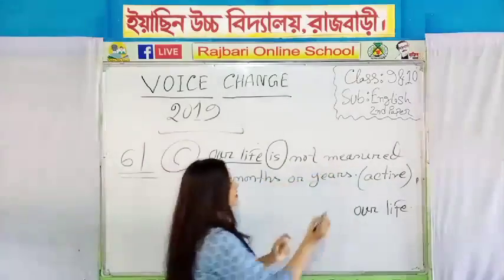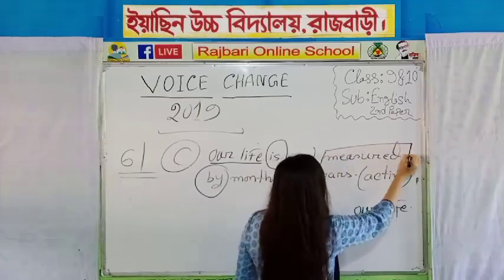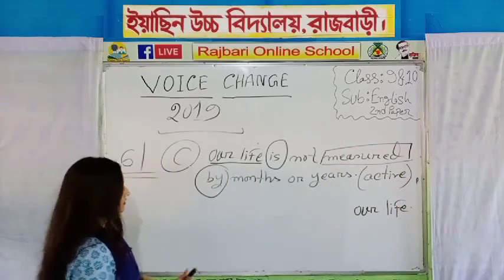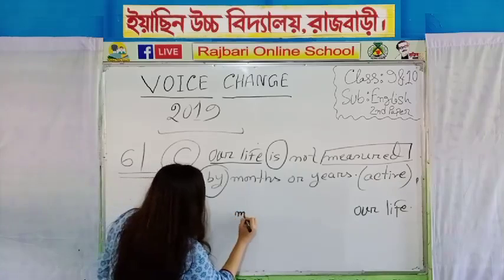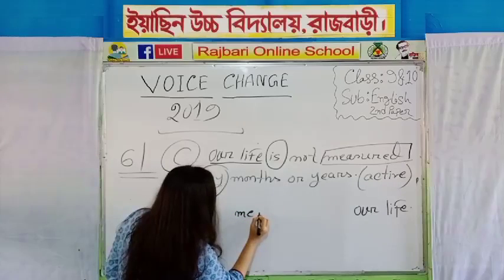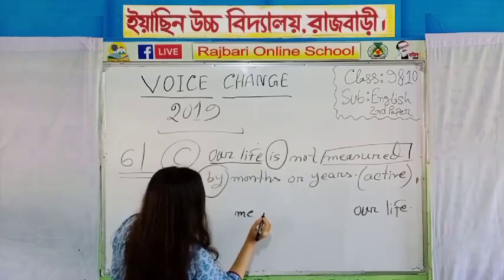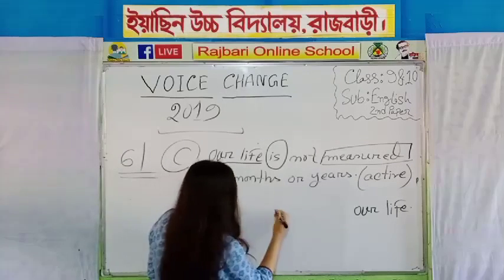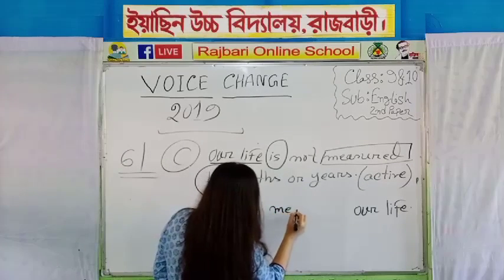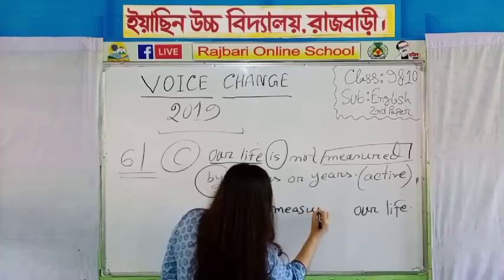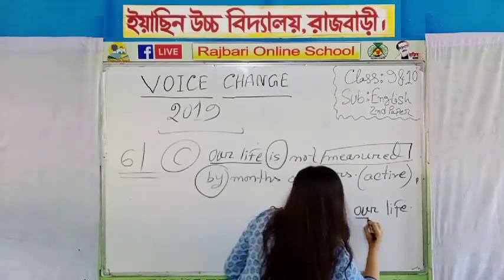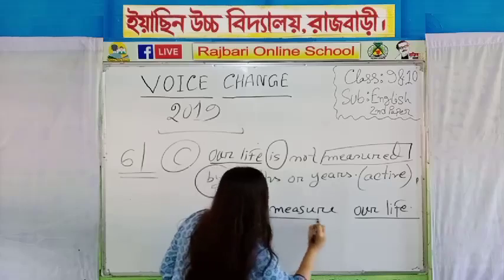So measured, that is the past participle form of the verb, will be measure. Done. So that was the first step, and that was the second step.